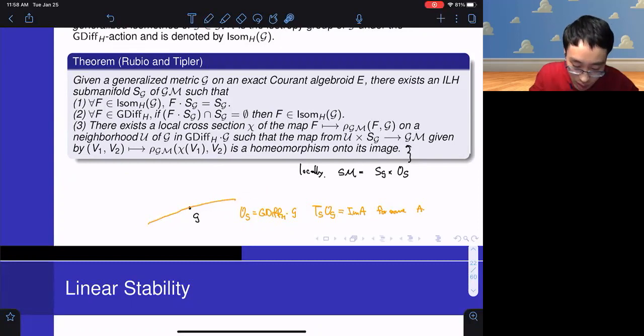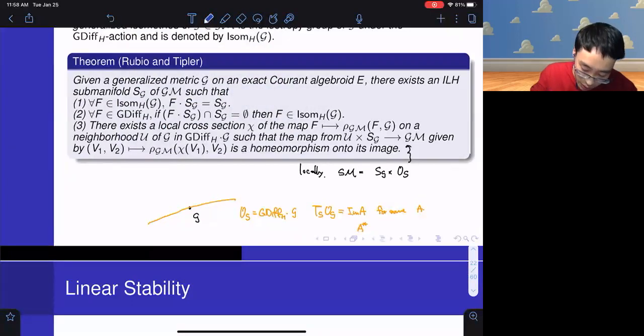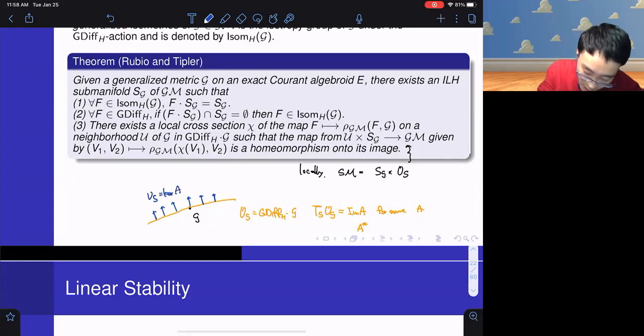And by computation, they compute the A star operator, the adjoint of A. By computing that one, they define a normal bundle, the normal bundle nu G. Nu G will be the kernel of A star.